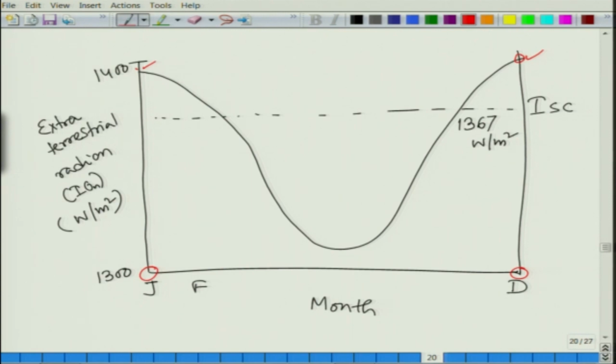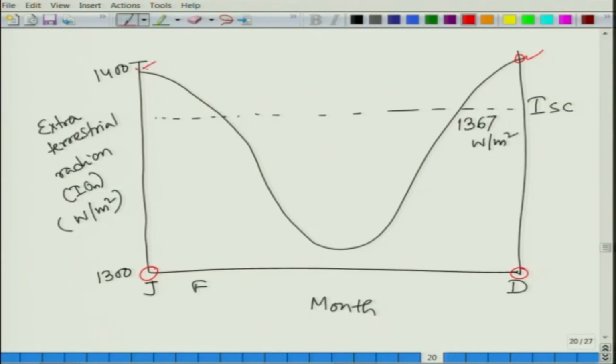Now, you notice that January and December are winter times, right. At winter times we have the highest intensity that is available. So, I should note here that at winter we obtain the highest ION. Isn't this counterintuitive?